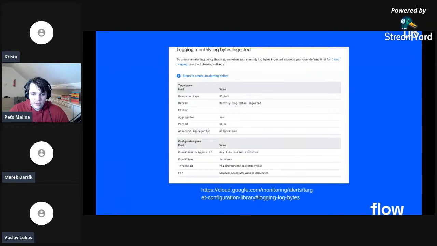So when you want to start using monitoring metrics, as I said previously, there are metrics for metrics. So you can, for example, say, hey, give me an alert when my monthly log bytes ingested is about, I don't know, 200 gigs, which would mean, for example, 100 euros, I believe, right now, according to the pricing.